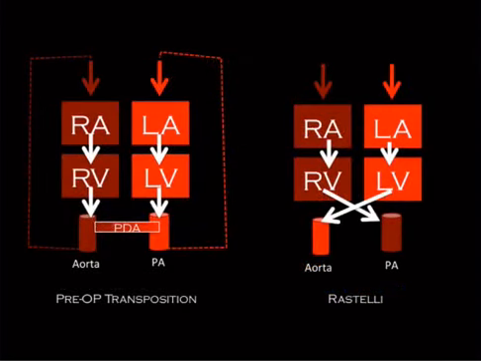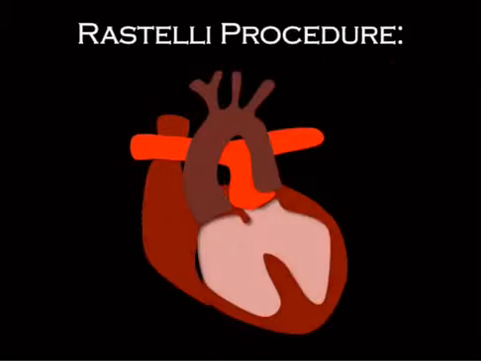Now let's talk about the Rastelli procedure. This one, like I said, the benefit is that it makes the left ventricle the systemic pump, which does way better. The downside is that you still are using conduits and baffles and shunts and these kinds of things, and they can wear out.